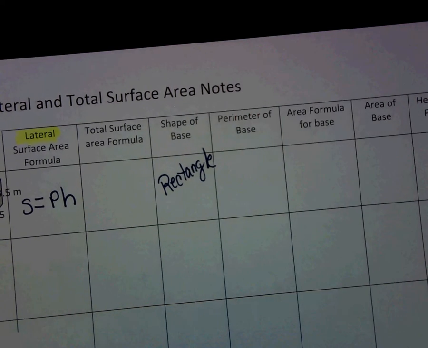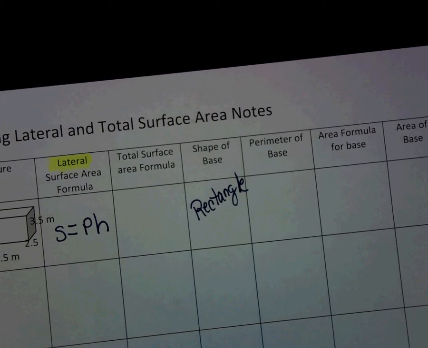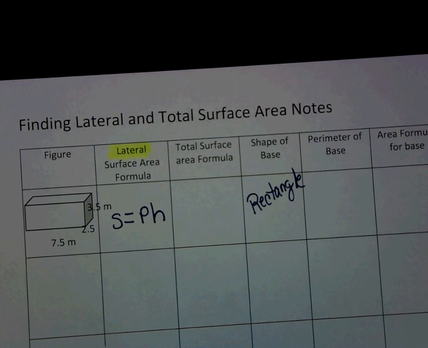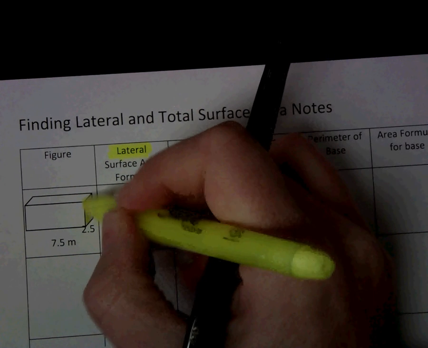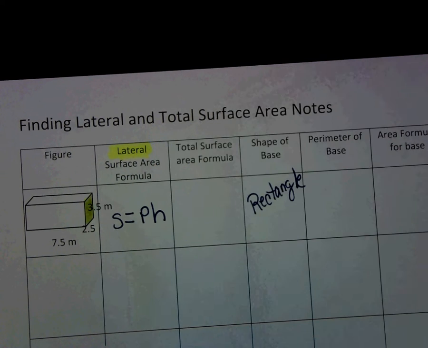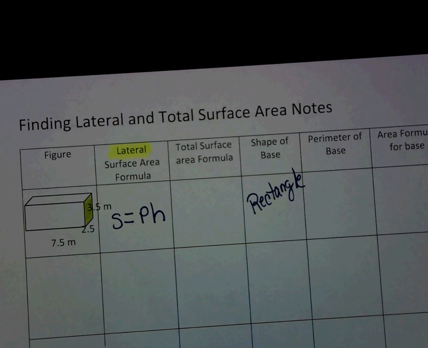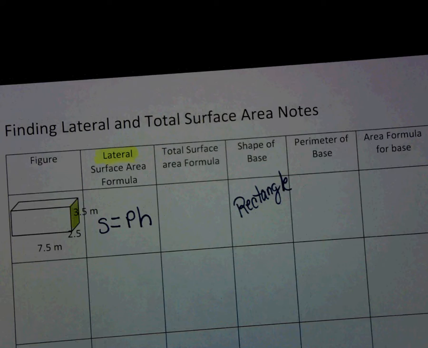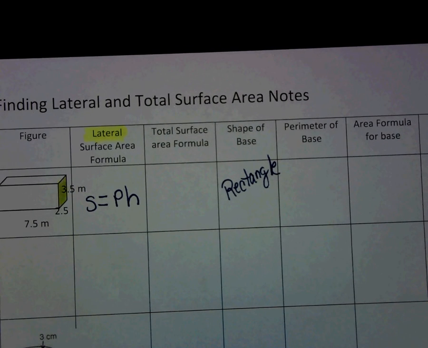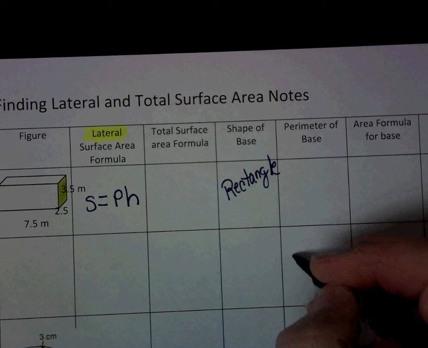Now the next thing is we want to know the perimeter of the base. Remember, if we're talking about lateral surface area of a rectangular prism, it will always be a real-world example, so it will be very obvious which one should be the base. For our purposes on this problem, we're just going to say that that is our base right now. One thing that can help is to draw yourself a picture.